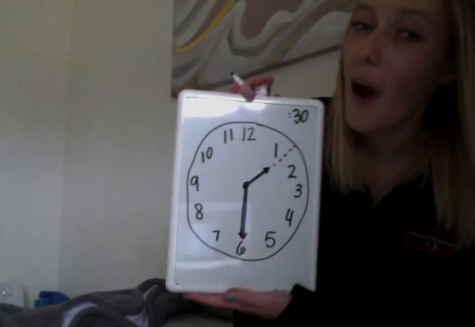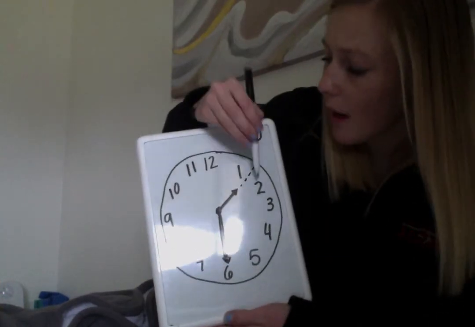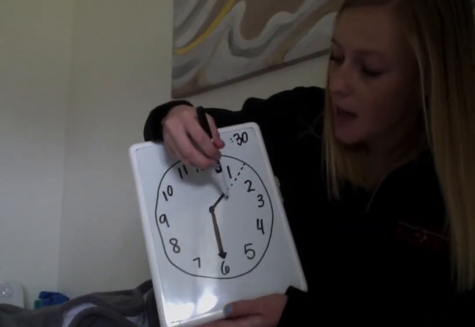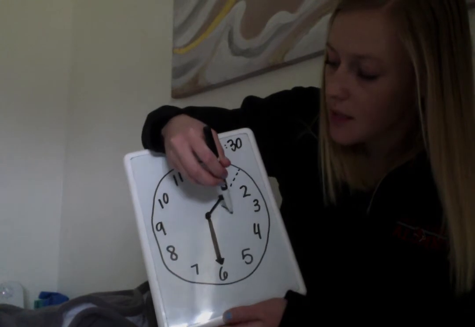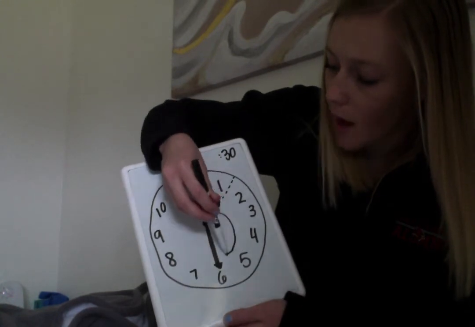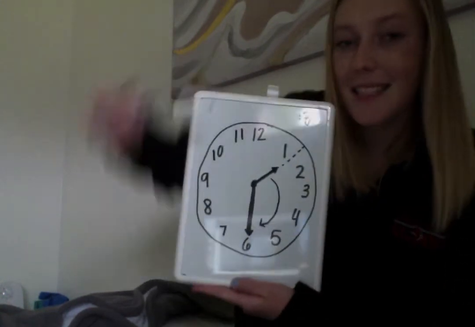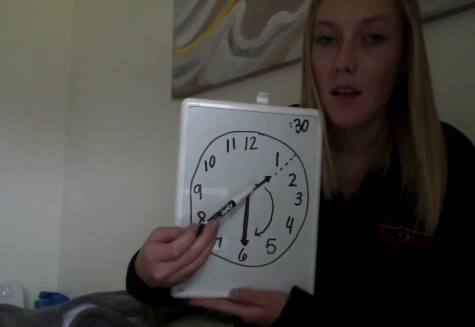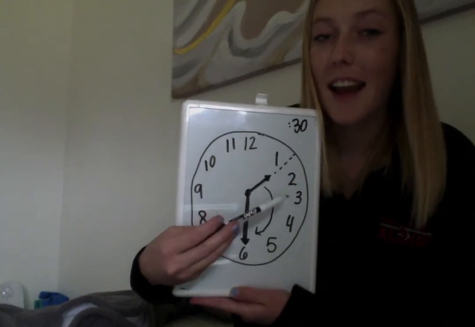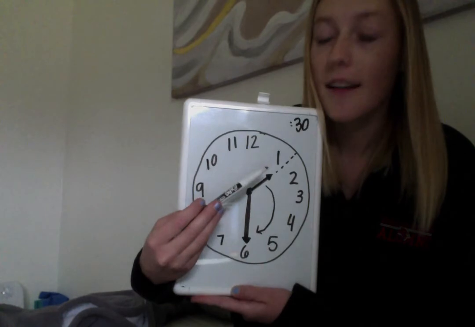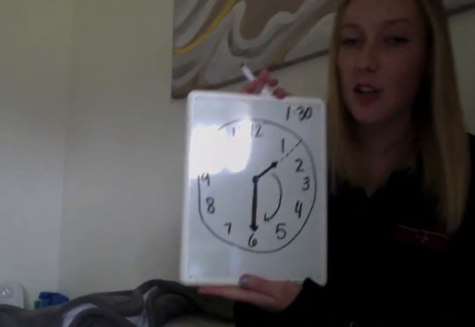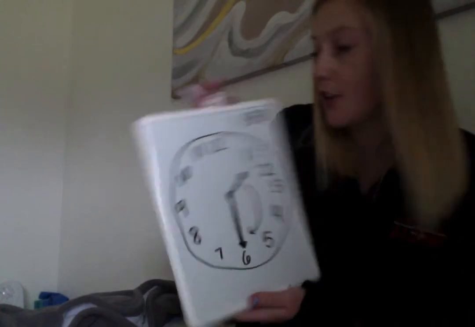So on this clock, my short hand, my hour hand, is right in between my 1 and my 2. But we talked about that as time moves, this hand goes this way. So since this hand would be moving this way, it has not hit the 2 yet, but it's already past the 1, which means this clock is showing us 1:30.